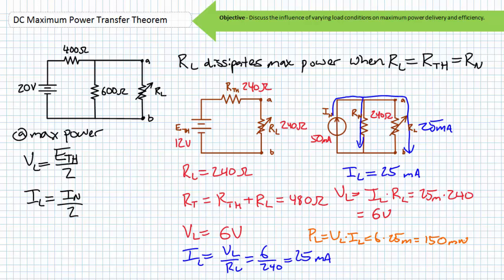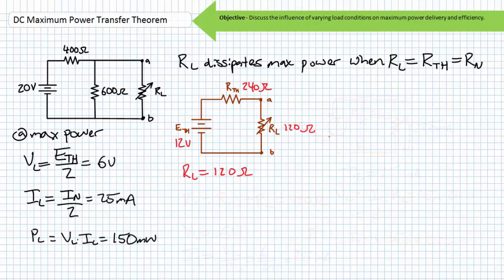If RL was set to any other value, lesser or greater, it should dissipate less than this amount of power. Prove this to yourself by randomly setting RL to some other value and perform the same analysis. For the purposes of this illustrated example problem, I'll randomly dial RL down to 120 ohms, or half the Thevenin equivalent resistance.